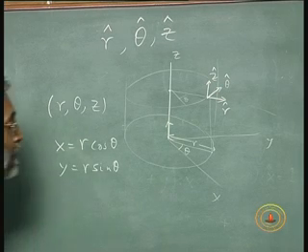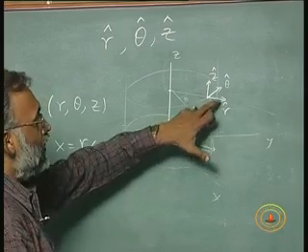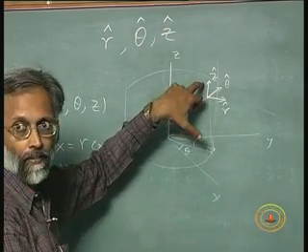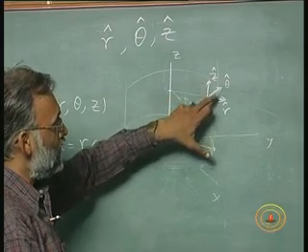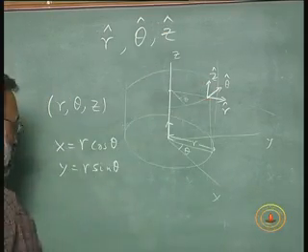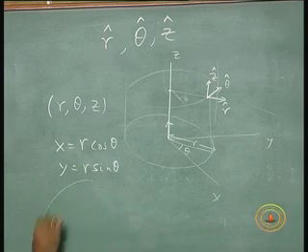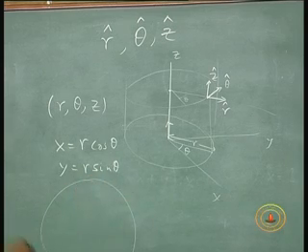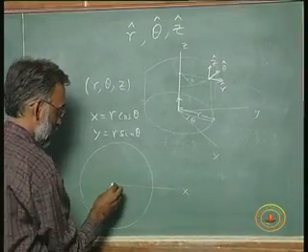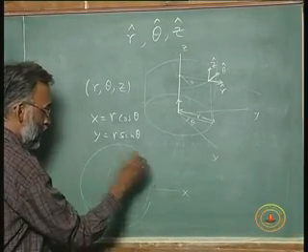Now, once again, r and theta unit vectors are clearly orthogonal to z, but what about between themselves? Well, if you look from above, it is a circle. This is the x axis and you are here somewhere.